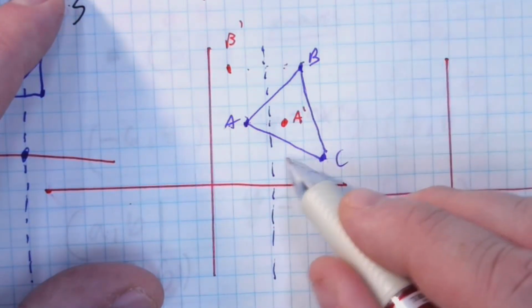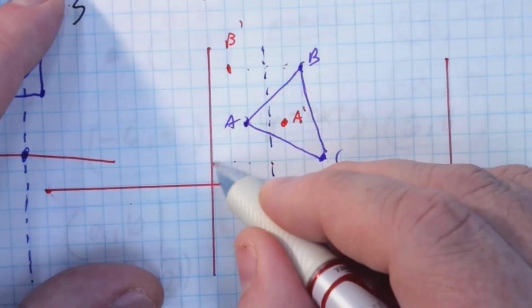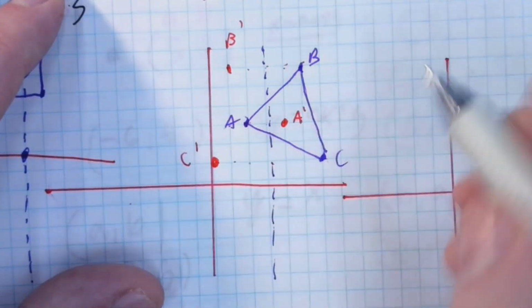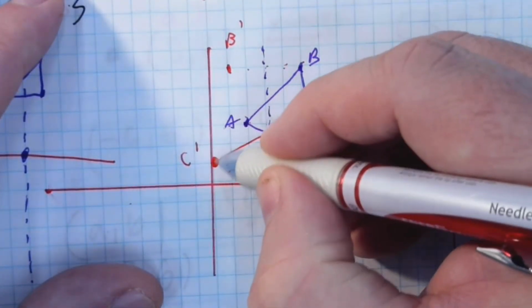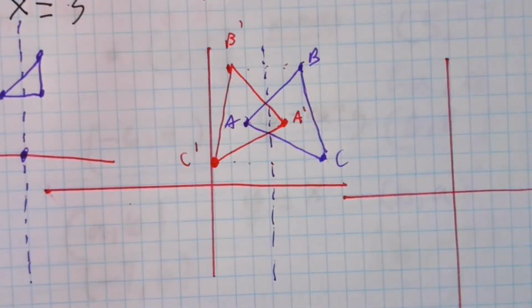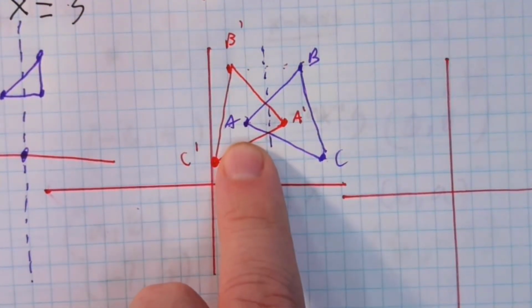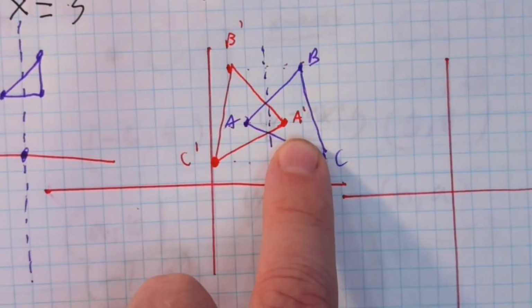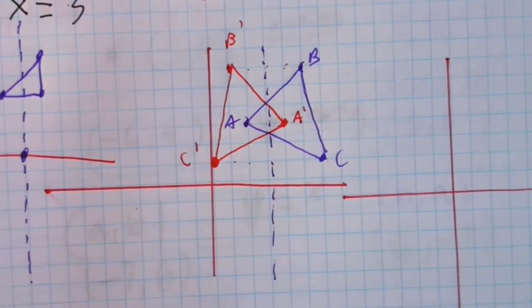This is 1, 2, 3 away. 1, 2, 3 away. Okay, is that okay? It's still a reflection. So notice A starts on the left, goes to the right. B and C start on the right, go to the left. That's basically it. That's all she wrote.